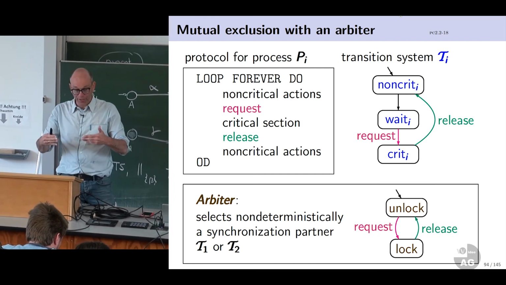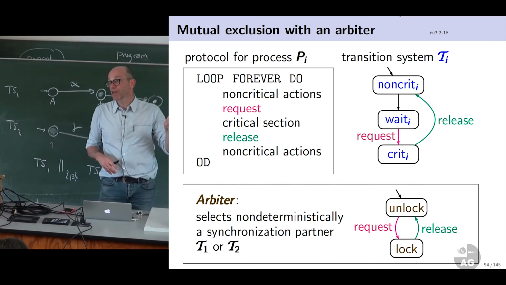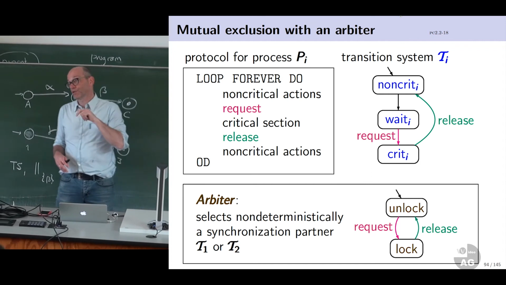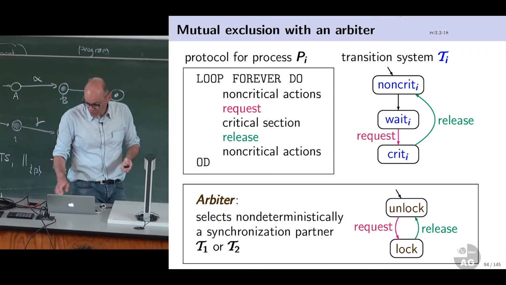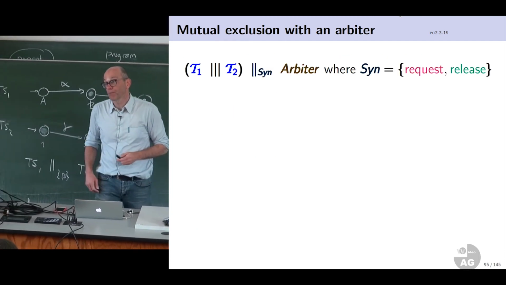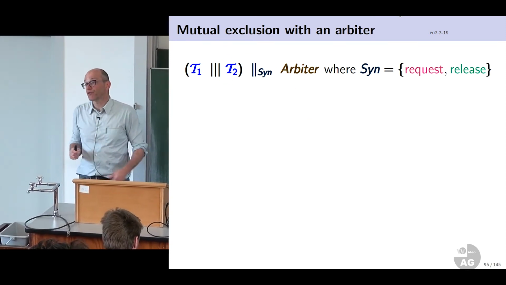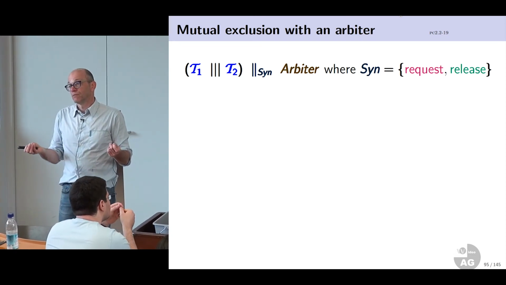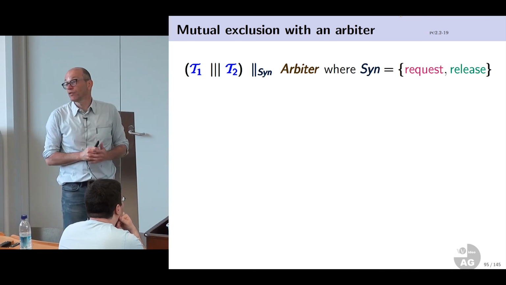Only if both threads agree on doing the release, in particular the arbiter does, and the arbiter makes sure that only one process has access to the critical section, and this arbiter is controlling who is getting access. So what we have is the following system. We have 2 threads. These threads as such do not communicate. Yeah? They are just modeled by means of this interleaving operation.